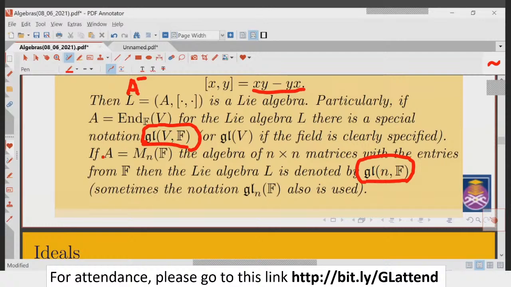Only for the matrices case, because n by n matrices with entries in F form an associative algebra. If with respect to this associative algebra you consider this bracket, then this becomes a Lie algebra. That Lie algebra is denoted gl_n(F) or gl_n this way. Sometimes this notation is also used.